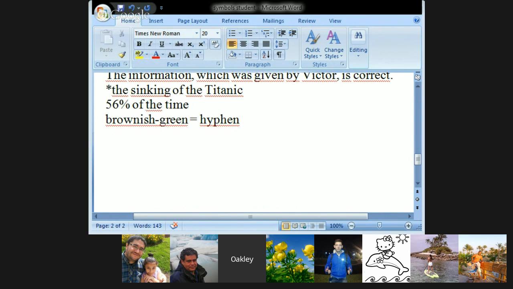A hyphen connects two words and creates one word. By the way, it also looks exactly like another mathematical symbol. Do you know the math symbol? Yeah, subtract. Or minus sign, it's called. Yeah, they all look exactly the same, frankly. Who knows the difference? I mean, who cares, really? Okay.